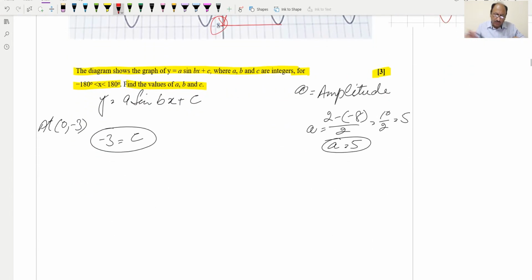So there will be 4 complete portions, so we can write b is equal to 4. We can replace these values in the given equation: y is equal to 5 sin 4x minus 3. This will be the required equation, and it goes for 3 marks.